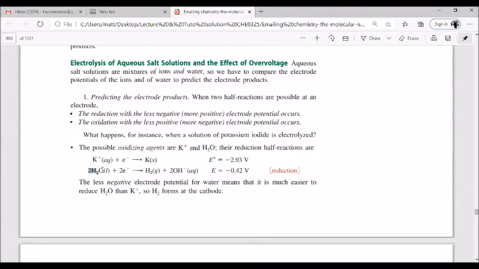For water, this is the reduction equation, and the potential is negative 0.42. So it is between negative 2.93 and negative 0.42. The less negative electrode potential for water means that it is much easier to reduce than potassium. So what forms at the cathode? Hydrogen forms at the cathode.